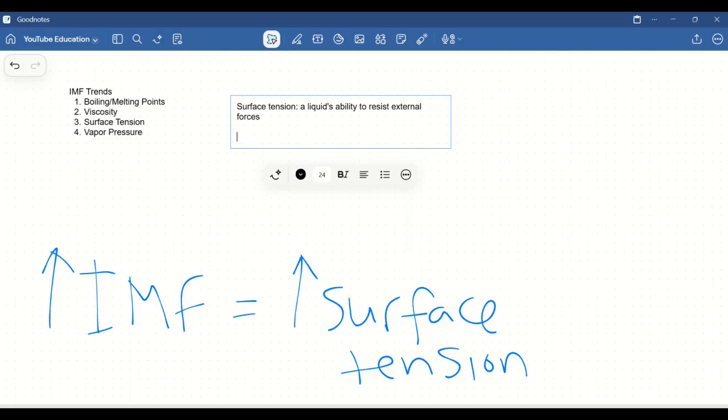We can also think of it as the surface of a liquid acting like a film, like an elastic film, acting as like one object almost.